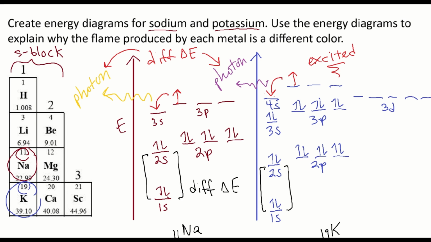Now, there are other factors such as orbital penetration and shielding, which we haven't gotten to yet. But for now, you can say the flame colors between these 2 elements are different because their electrons have different energy level spacings. So when the electrons fall back to lower levels, they emit photons with different wavelengths.